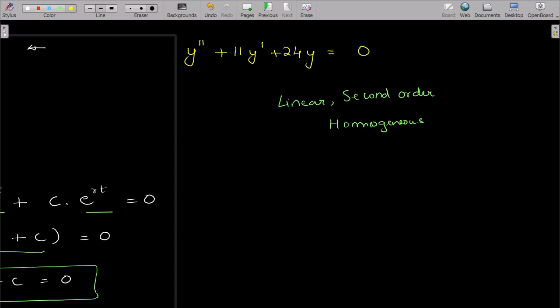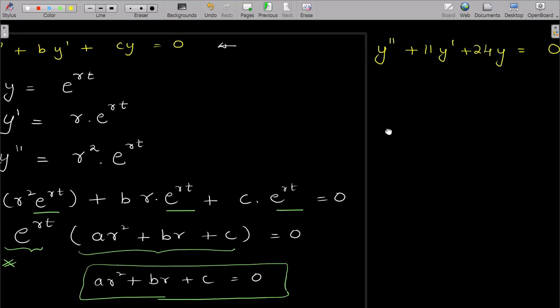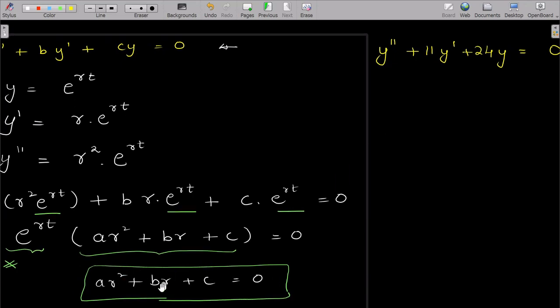Okay, let's do this. So we have this equation. First, what are the values of a, b, and c? A is 1, b is 11, and c is 24.